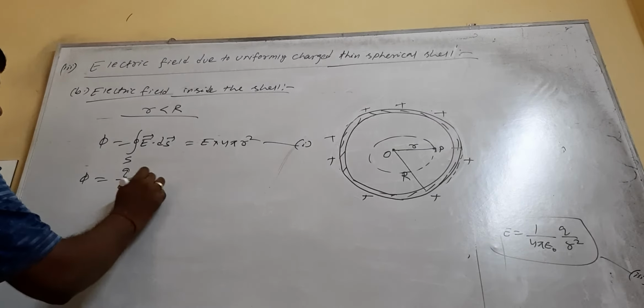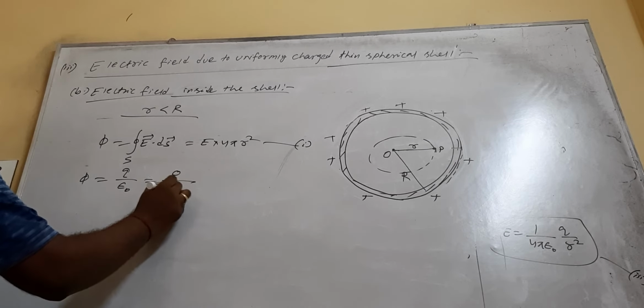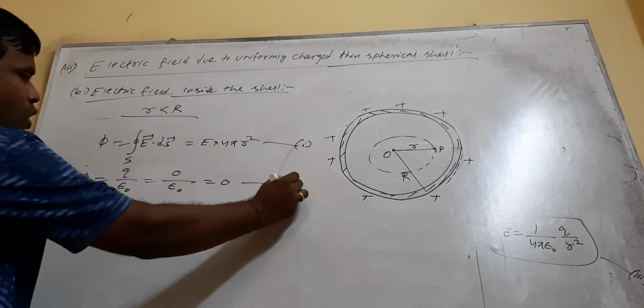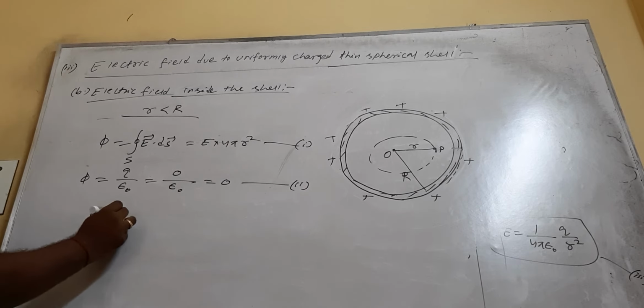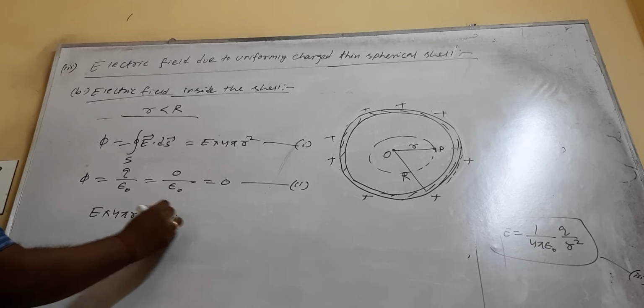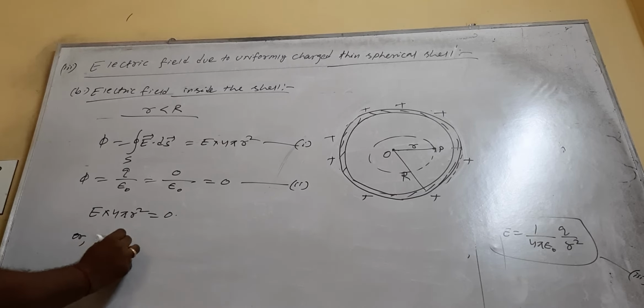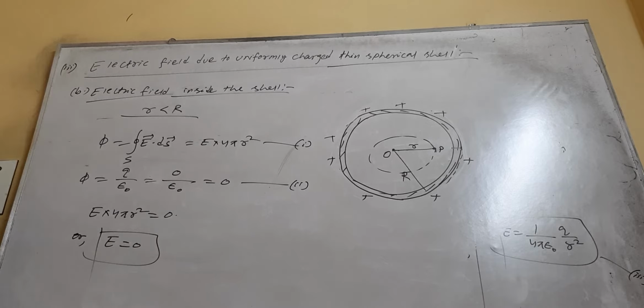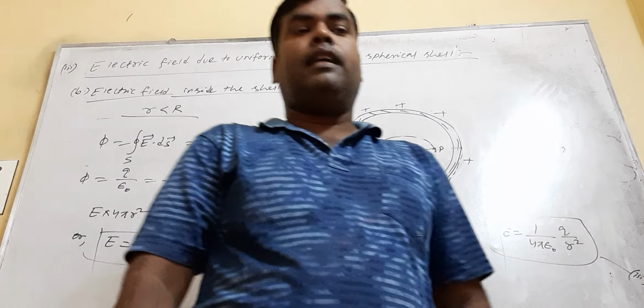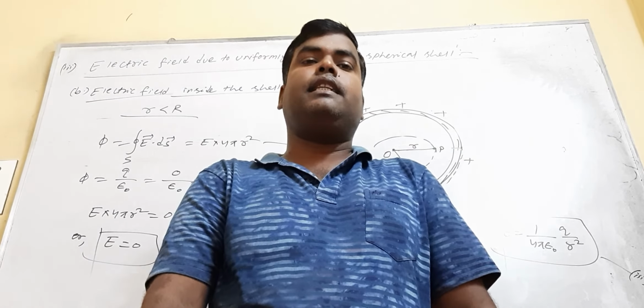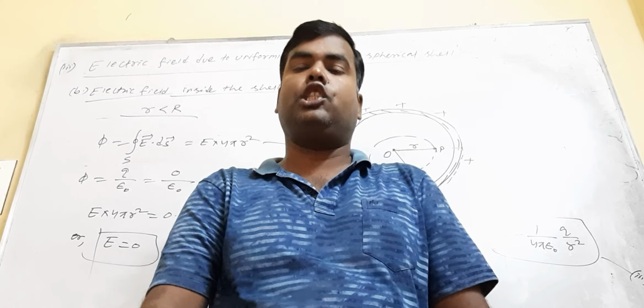So q is equal to 0, so q by epsilon 0 is 0. From equations 1 and 2, E into 4 pi r square is equal to 0, or E is equal to 0. So the electric field inside a uniformly charged thin spherical shell is 0.